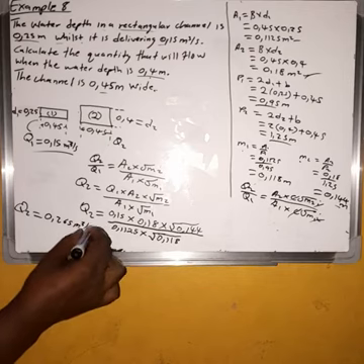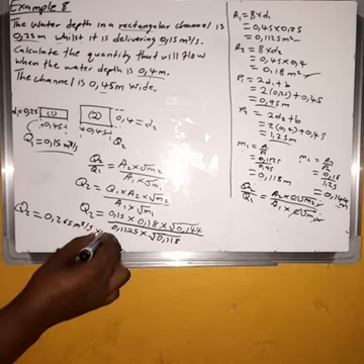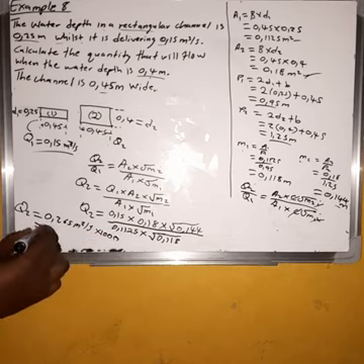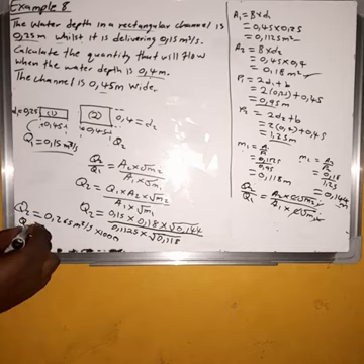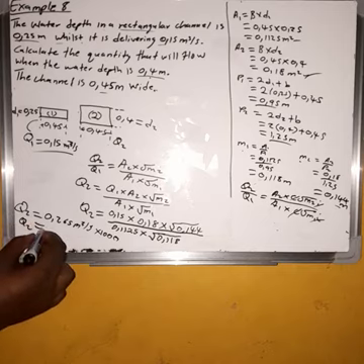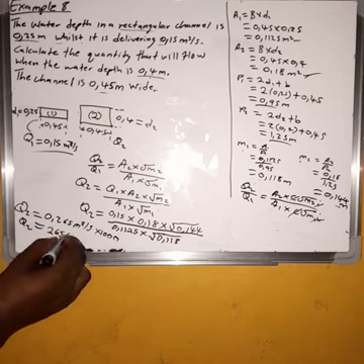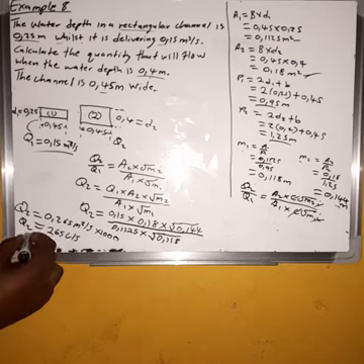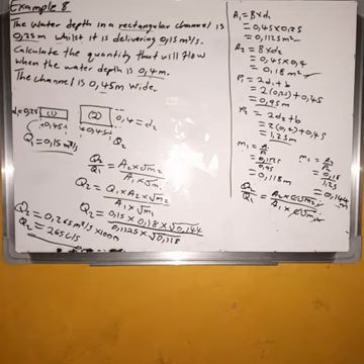If you want it in liters, multiply by 1000. If you want your answer in liters, this will be 265 liters per second. Right, so we're done with this question.